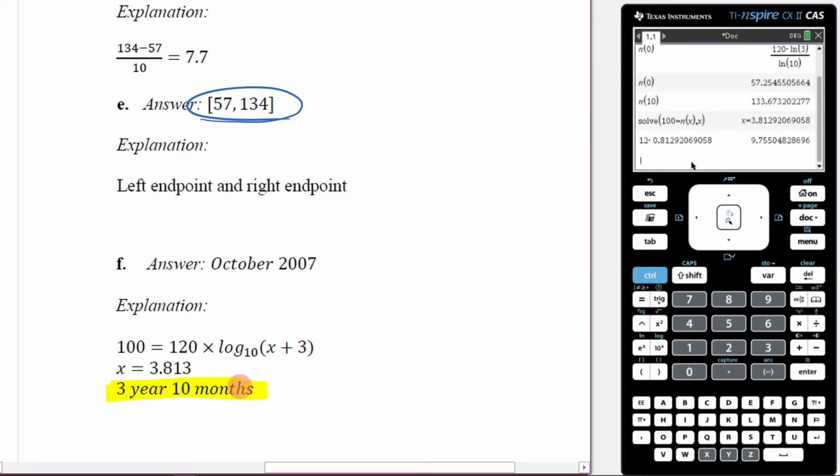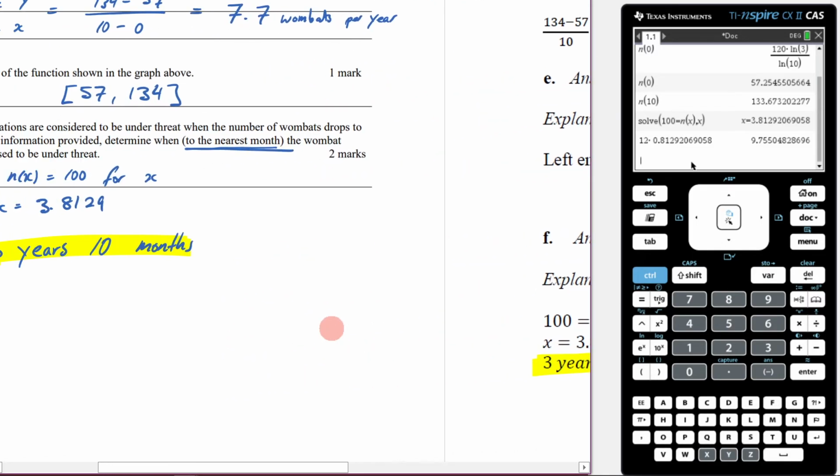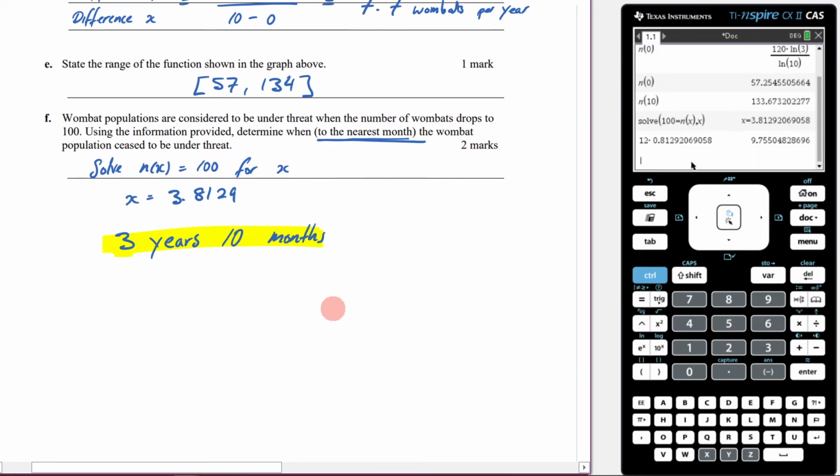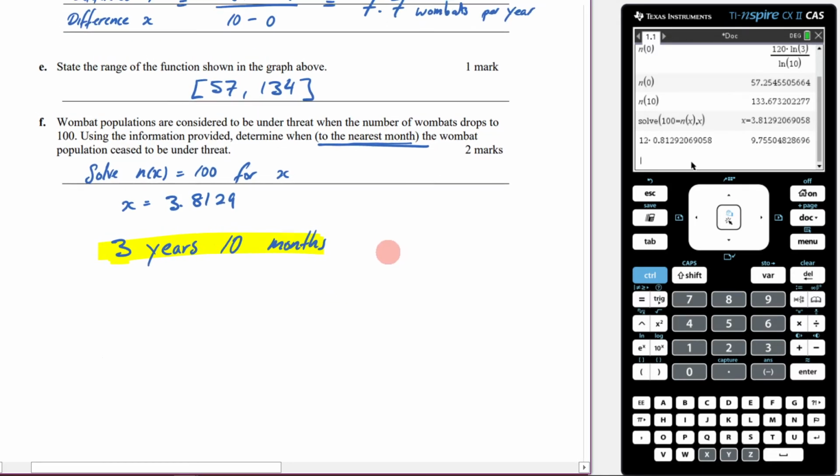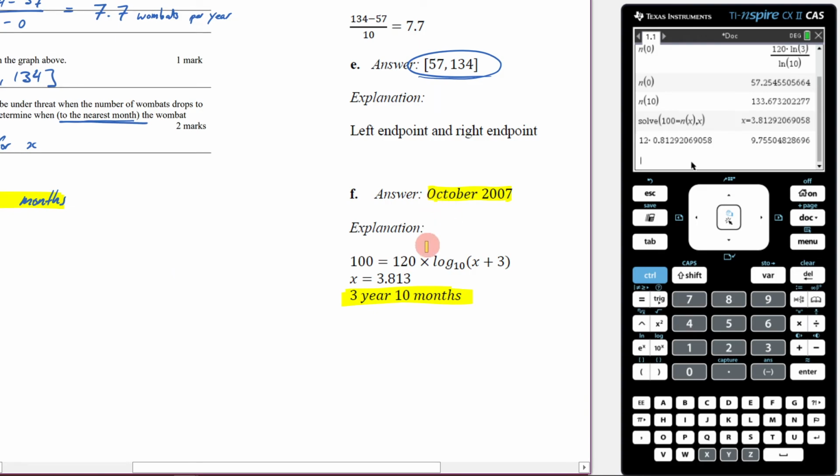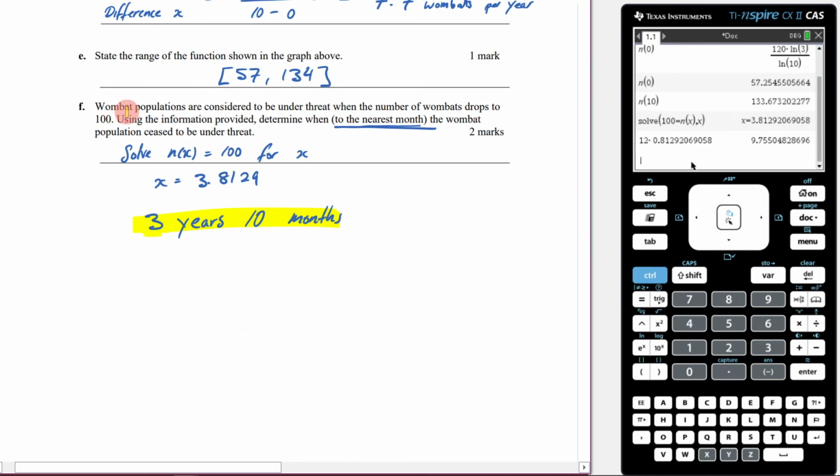3 years, 10 months. Oh, look at that, actually. We wanted October 2007. Now, this is a good question. Would you accept 3 years, 10 months, or would you demand October 2007 here? I would accept 3 years, 10 months.